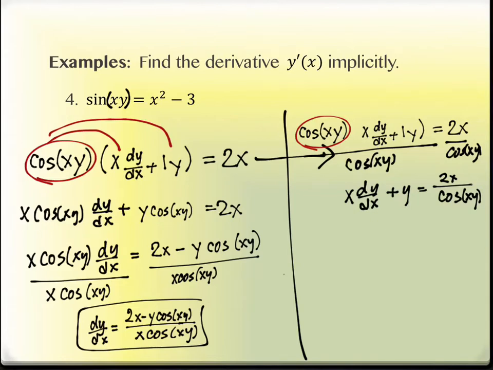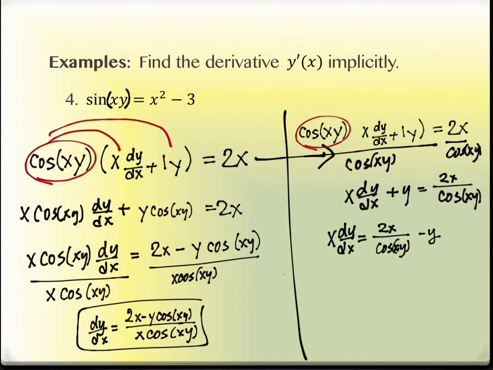Is that all right? We could do that. Then I need to subtract the y to the other side, right? Because it does not attach to the dy/dx. So I have x dy/dx equals 2x over cosine of xy minus y. And then what would I need to do at this point to solve for dy/dx?